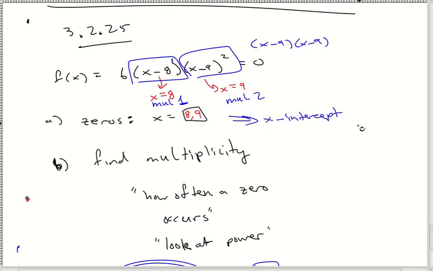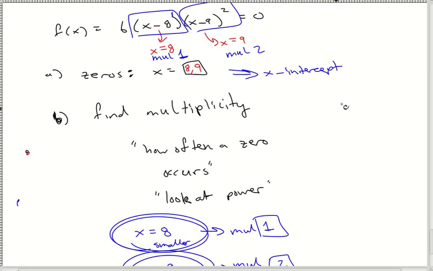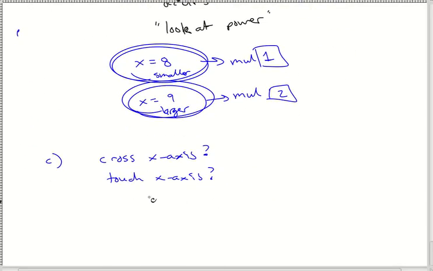This is where you're going to be crossing or touching the x-axis. So we have our answers, the 8 and the 9, but where are they going to cross and where are they going to touch? Crossing occurs when you have an odd multiplicity, and touching is when you have an even multiplicity.